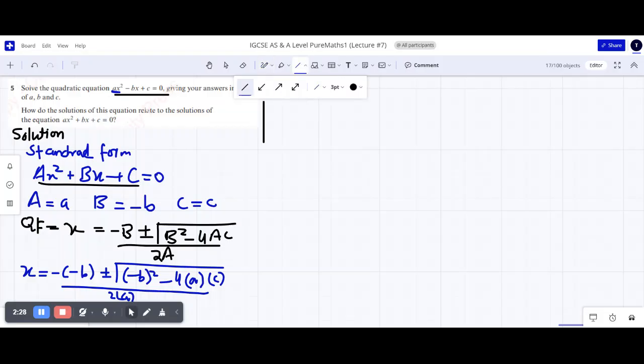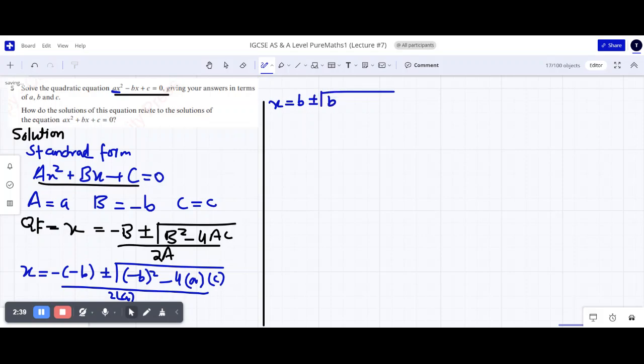Now we will simplify further. Minus minus will be plus, so x equals b plus minus root of b squared minus 4ac, divided by 2a. The first part, we wrote our answer in terms of a, b, c.